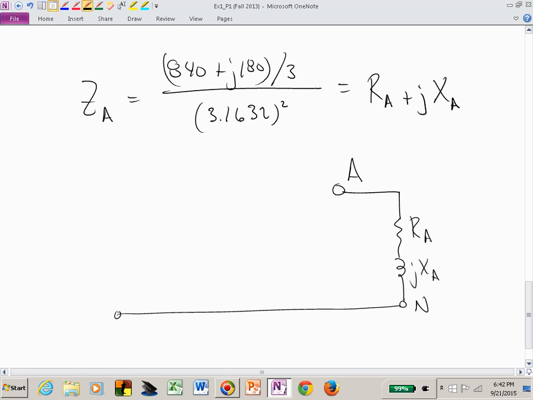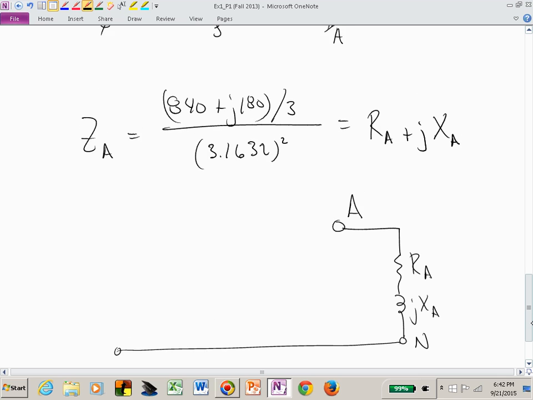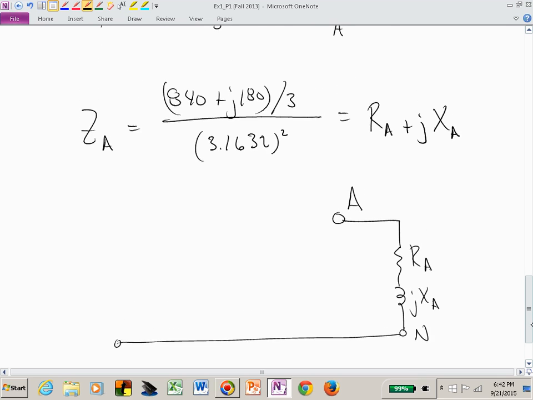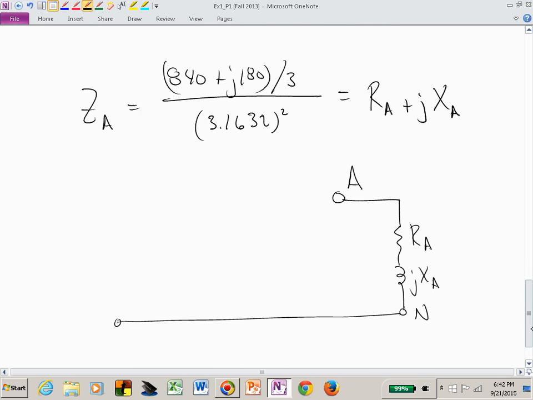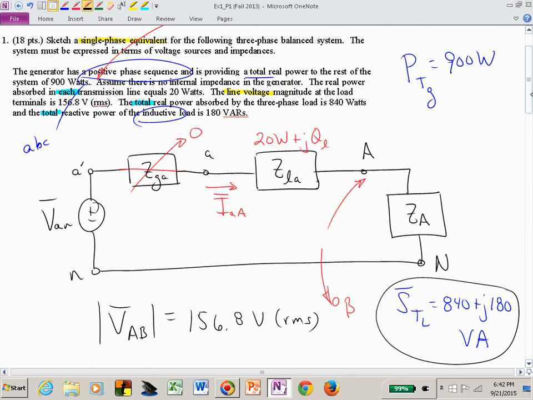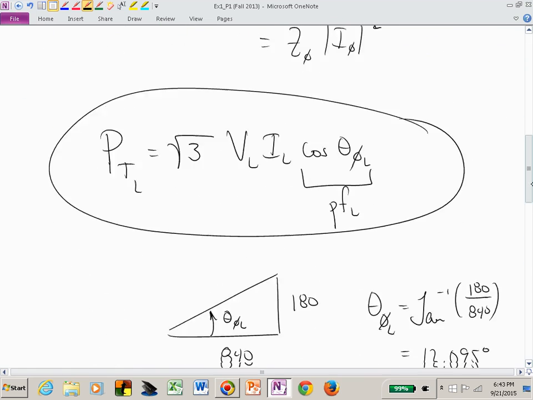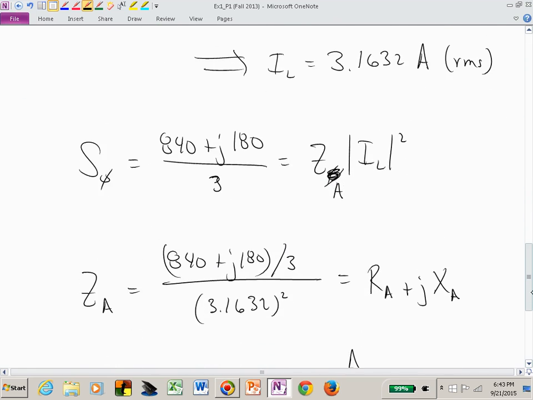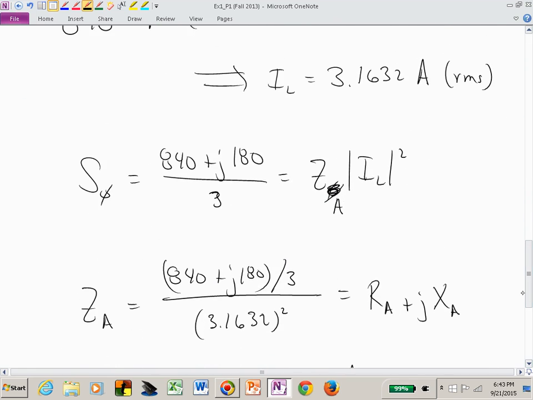Instead of leaving the box, you want to split it up into its resistor and capacitor or inductor. Yes, if you have the time. If you don't, and you've already drawn this, and you now label Z sub A right here and say R sub A plus j X sub A, you're telling me that you know this is a complex number, and I now have R sub A and X sub A if I just identify or did the crunching.